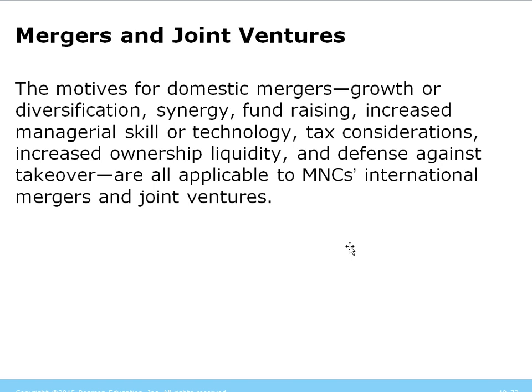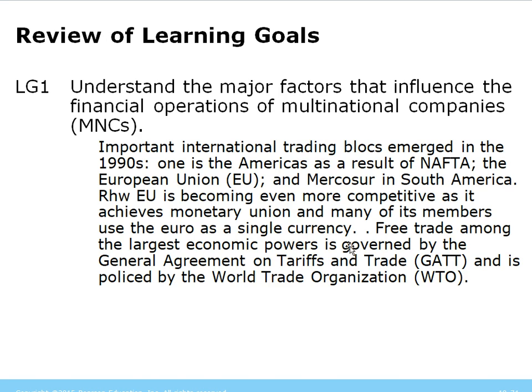They had better tax reasons. There is also increased ownership liquidity, with owners being able to diversify their assets better, and defense against takeovers. If two big companies are merging, it makes it harder for a third company to take over this new, bigger merged or joint venture company.